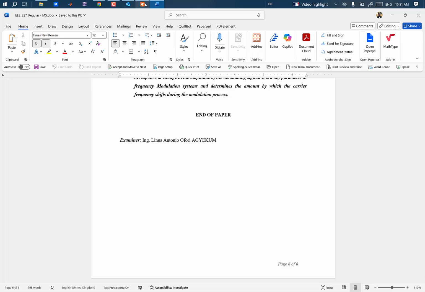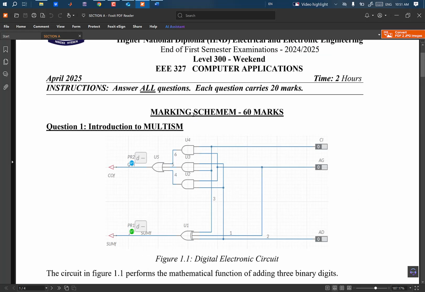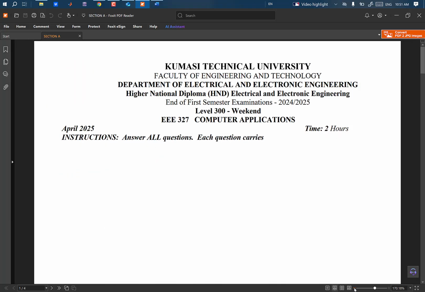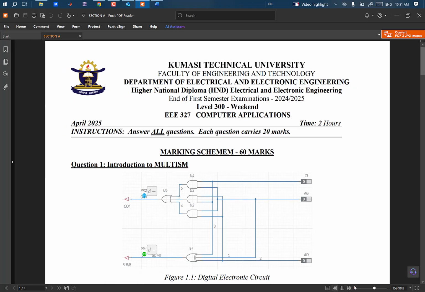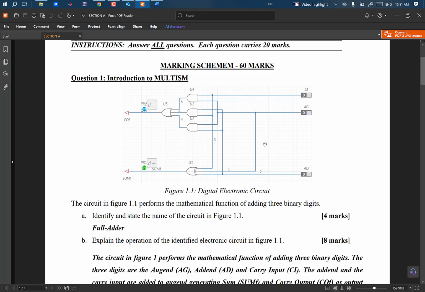And then let's look at the same exam for the weekend students. That was in April 2025. So the first question was a Multisim schematic, which is a digital electronic circuit, but the actual name of the circuit is there.